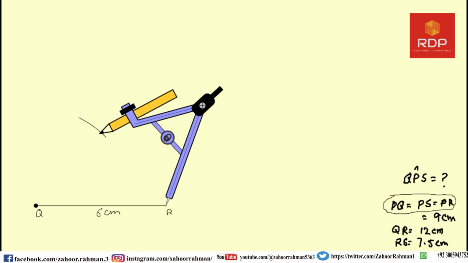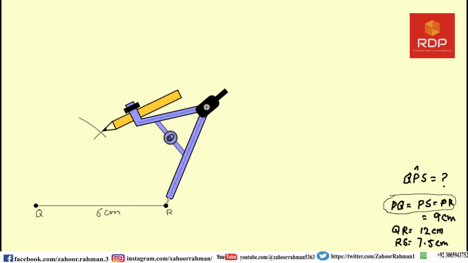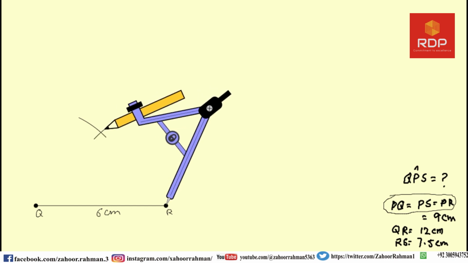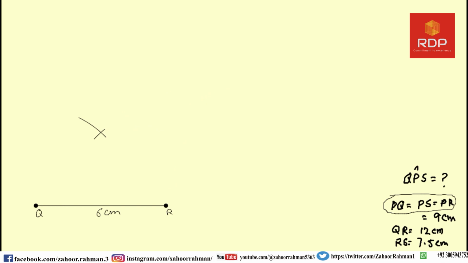So we are drawing another arc here, and let us connect these two lines with each other from here to here, and let me denote that this line is equal to this line, and the length of one side I have to write. So this is P.